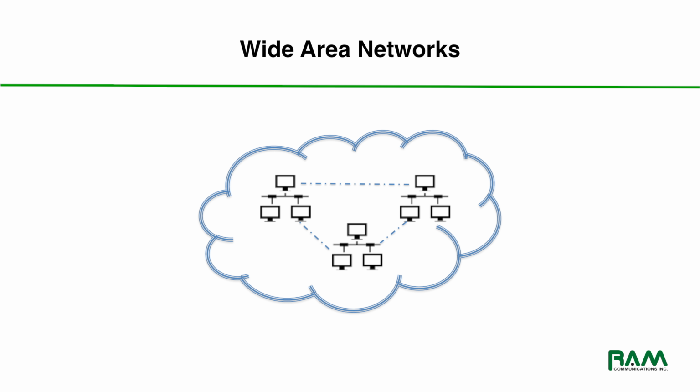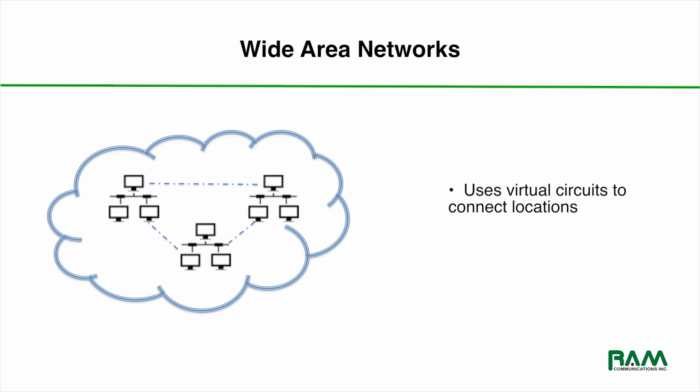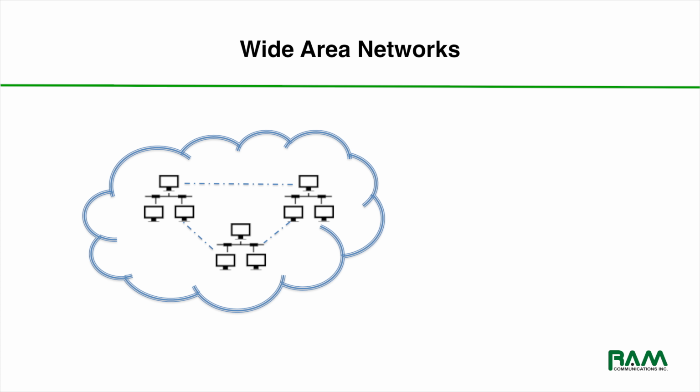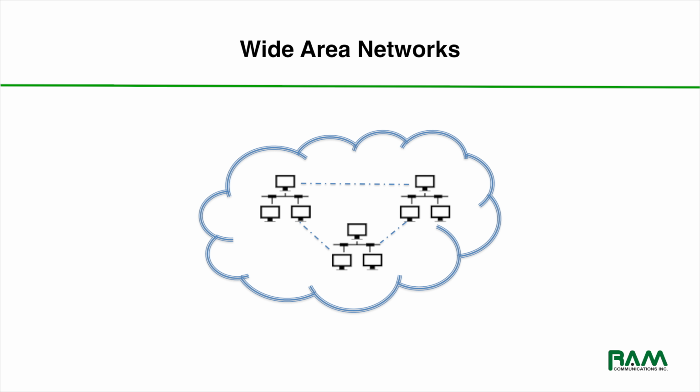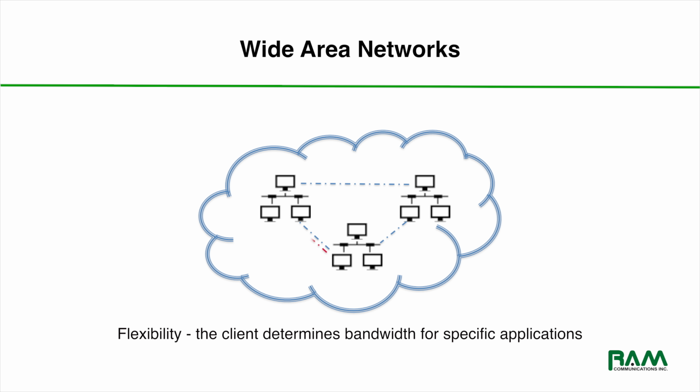In the case of MPLS networking, or multi-protocol label switching, virtual paths link locations together, and the bandwidth that is used between those locations can be set up in a much more dynamic fashion. Like a point-to-point link, these paths do provide speed and private connection, but they also do so with much more flexibility and precision for the user.